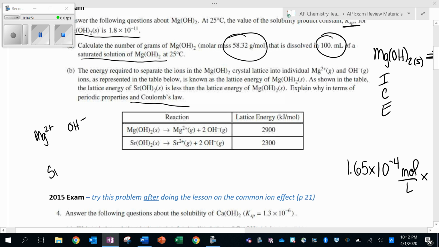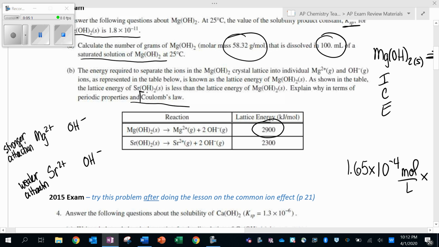So you're comparing the attraction between the strontium ion and hydroxide ion versus the magnesium ion and hydroxide ion. If you look at these two values, it looks like magnesium and hydroxide have a stronger attraction to each other, and strontium hydroxide has a weaker attraction.